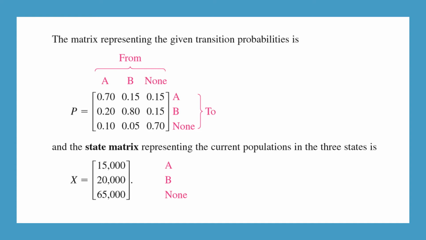The last row represents the no cable, no TV position. And the state matrix, that is the current situation, is that in company A we have 15,000 people, and 20,000 are in B. Since the total in that city is 100,000, the 65,000 comes by adding these two and subtracting from 100,000.